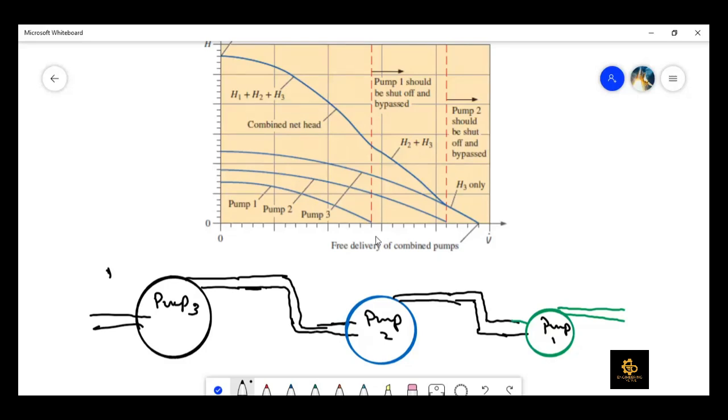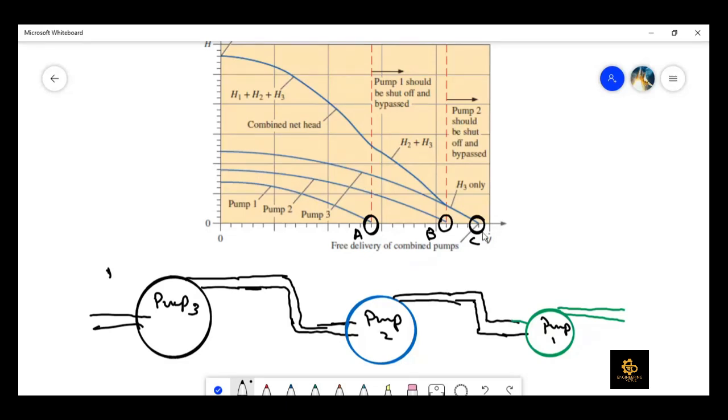These are the three free delivery points, one for each pump. I would label them A, B, and C. Point A is the free delivery point of pump one, point B is the free delivery point of pump two, and similarly point C is the free delivery point of pump three.